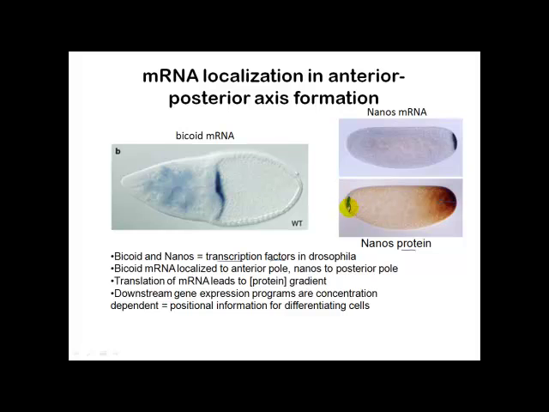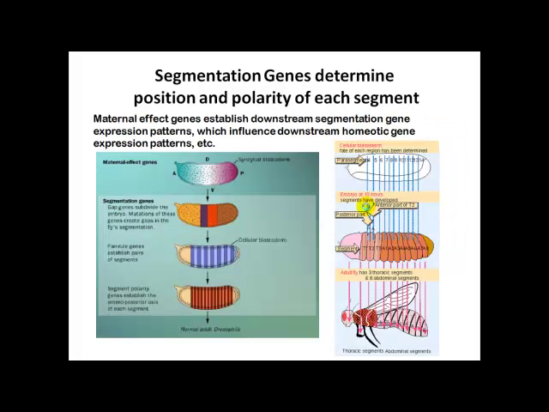So what we're going to see is that depending on where in the embryo a cell is, it's going to be seeing a different concentration of bicoid and nanos, and that's going to regulate which genes begin to be expressed in that cell. All right, so what we have essentially is early in embryonic development in Drosophila, we have an embryo that kind of looks like this, where we have many individual nuclei all present within a common cytoplasm.